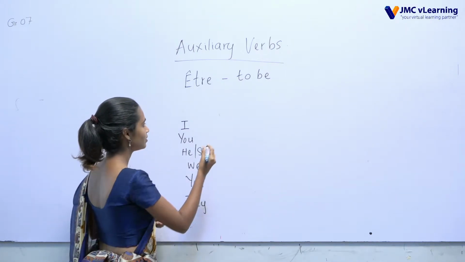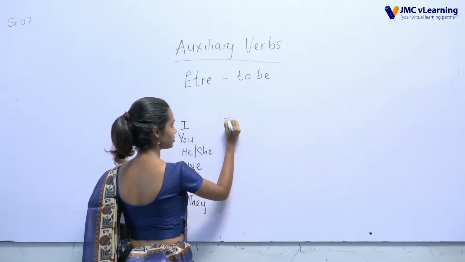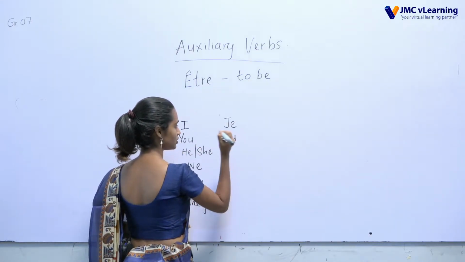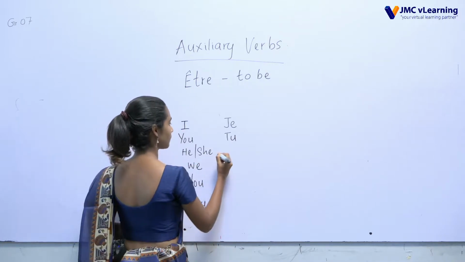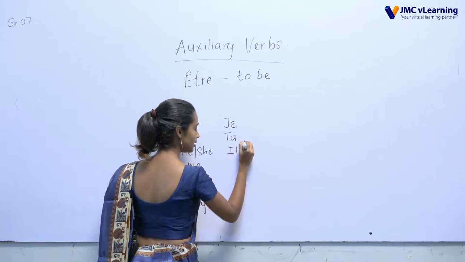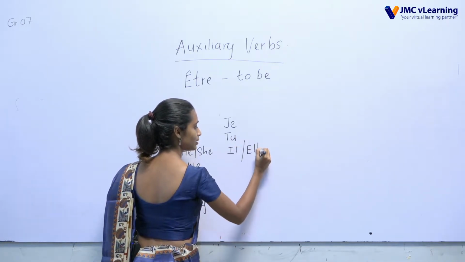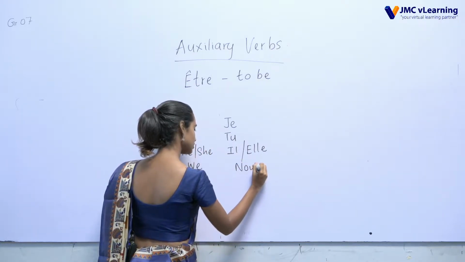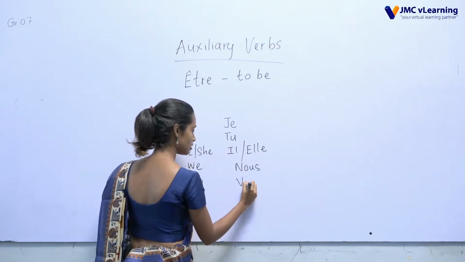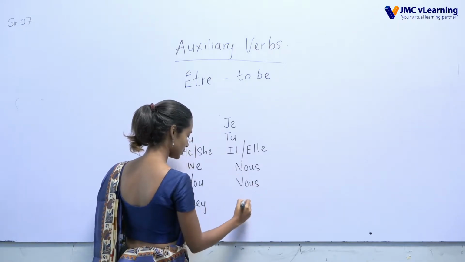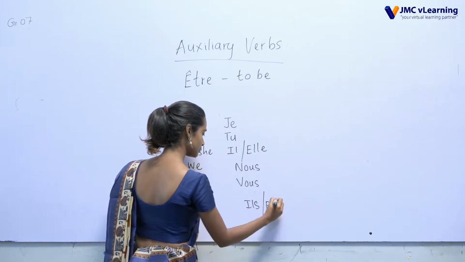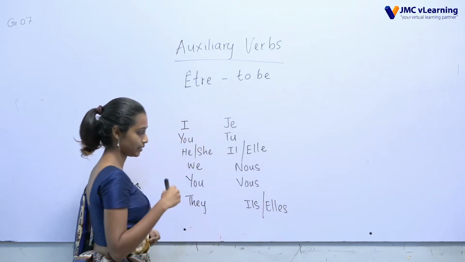So what are they? For I in French you say je. For you in French you say tu. He, il, she, elle, we, nous, you, again vous, they, you say ils or elles.